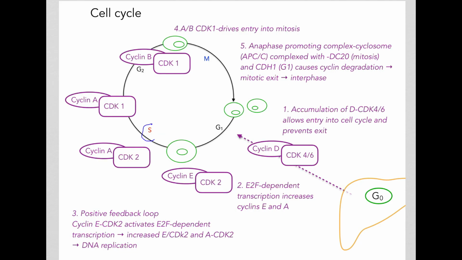Before the DNA can be synthesized, before the chromosomes are copied, the cell needs to make all the substrates for DNA polymerase. This is the enzyme that will copy DNA.